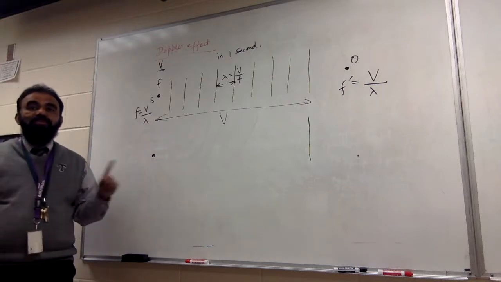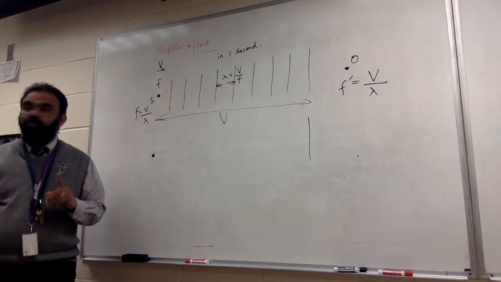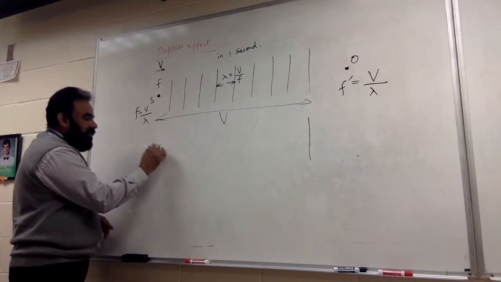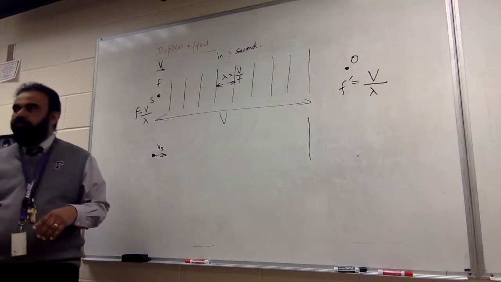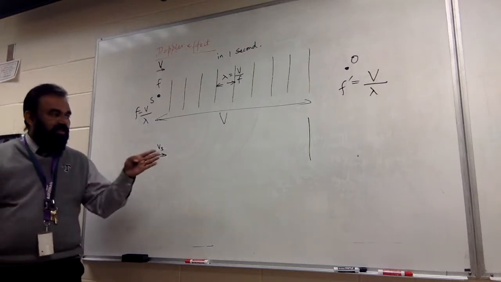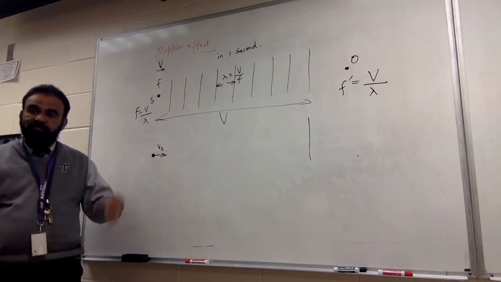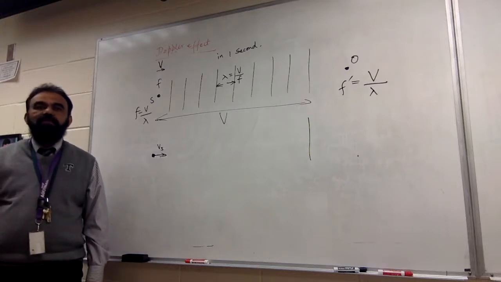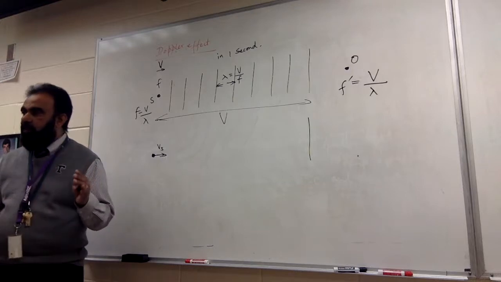But this time the source is not staying still. It is moving. Which way? That way. So the source is moving with a speed which is Vs in that direction. And what do you mean by Vs? Vs means he travels Vs meters in 1 second.